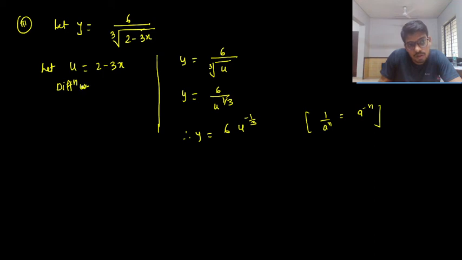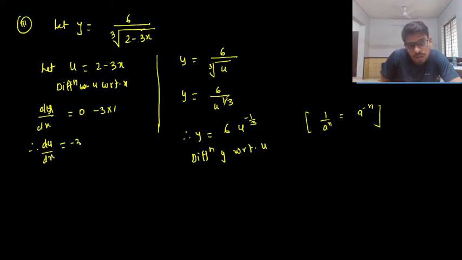Differentiate u with respect to x, and y with respect to u. So du upon dx, 2 is constant function whose derivative will be 0, minus 3 times derivative of x is 1. So we got derivative of u with respect to x as minus 3.